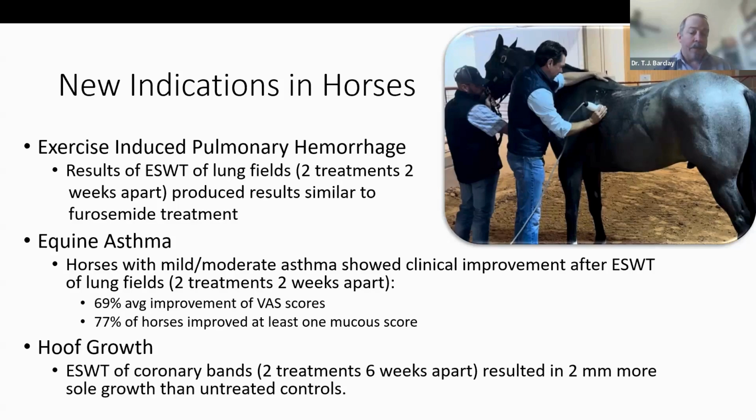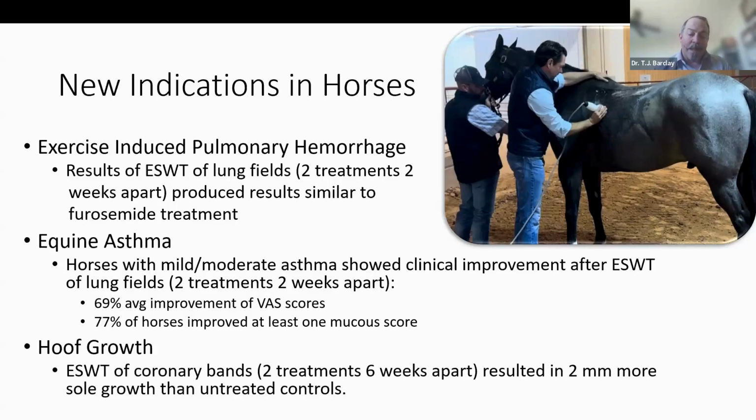The results of that showed pretty significant improvement in those horses that had an episode of EIPH. The improvement was similar to what we would expect from furosemide treatment in preventing bleeding in a subsequent race.